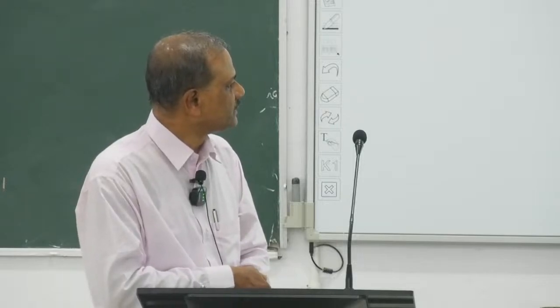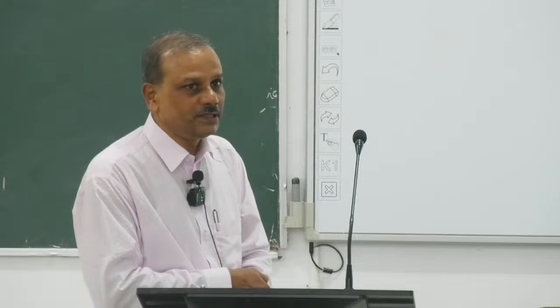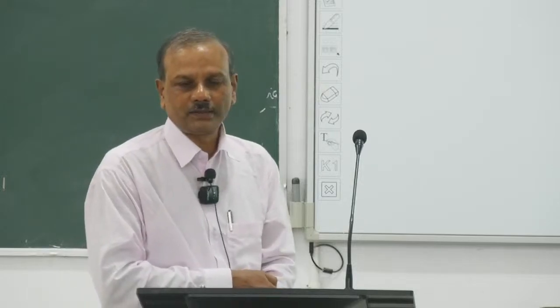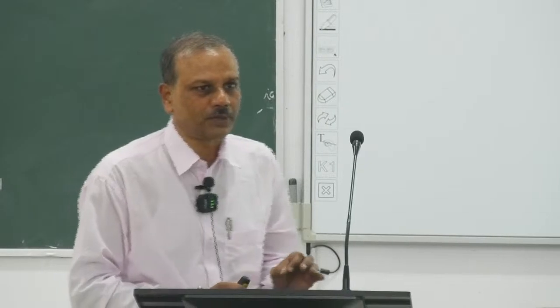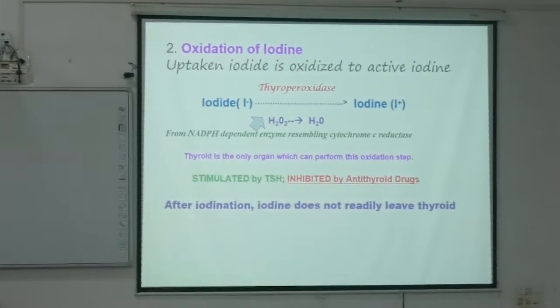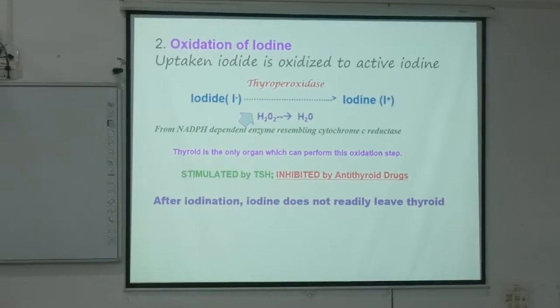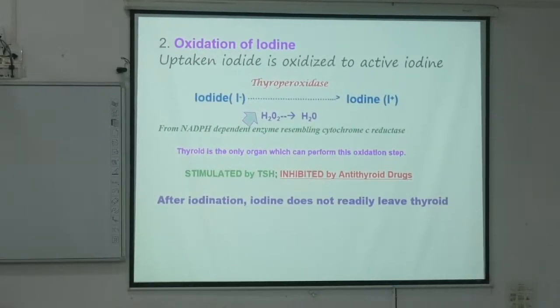This step is stimulated by TSH, and it is inhibited by the anti-thyroid drugs, which I will discuss, because when the patient suffers from hyperthyroidism, anti-thyroid drugs are given, and they inhibit this step. So further steps cannot take place, and obviously less thyroid hormone will be produced.